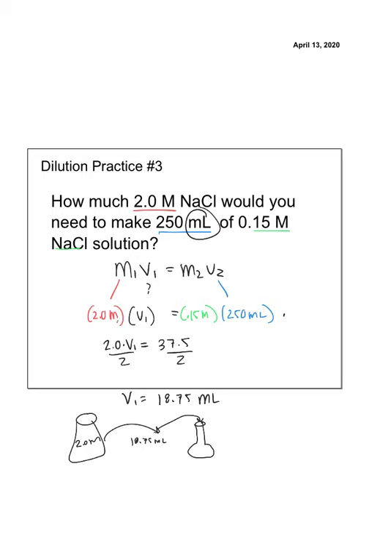And then I need to measure 250 minus 18.75. Whatever is left, 231.25 milliliters of H2O. Right, so that new total would be 0.15 molar, and it would add up to 250 mils. 231.25 milliliters would be water, and 18.75 milliliters would be from the strong 2 molar NaCl. Hopefully that helps. Come to class with questions.